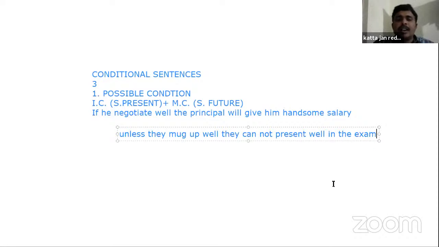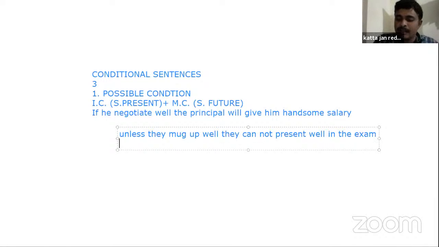See, unless they mug up well, they cannot present well in the exam. Here mug up means by heart or brush up or read something repeatedly. So when unless is used in the sentence, the main clause should be negative. When unless is used in the subordinate clause, a negative sentence should be used in the main clause. Remember this one.